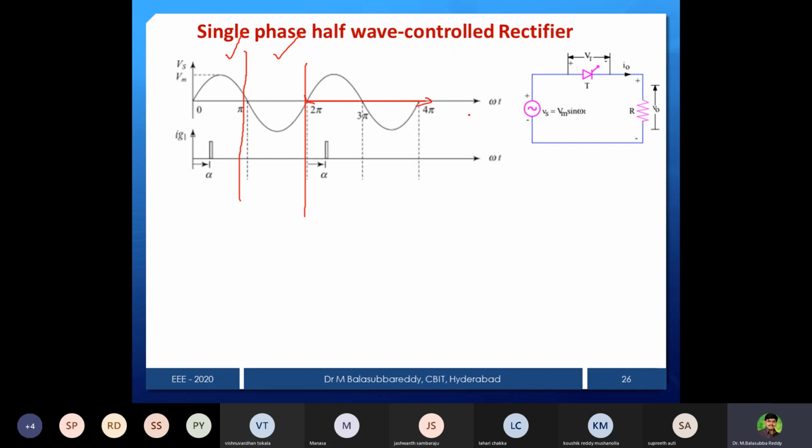For this, no need to explain any further, we only write one sentence: the cycle is going to be repeated. And if you replace R by RL load or RLE load, all the waveforms come from this basic information only, or basic waveforms only. Further modification takes place. That's why if you know the operation of any one circuit, the rest of the things are slight modifications in comparison to this one. That is the only difference.